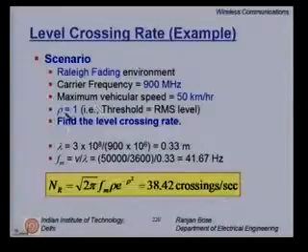But assuming rho is equal to 1, then you have close to 40 crossings per second. 40 times you are dipping below the fade and going up again. Most likely you have to do something about it. Not a very healthy scenario. But then you are calculating it for 50 kilometers per hour.